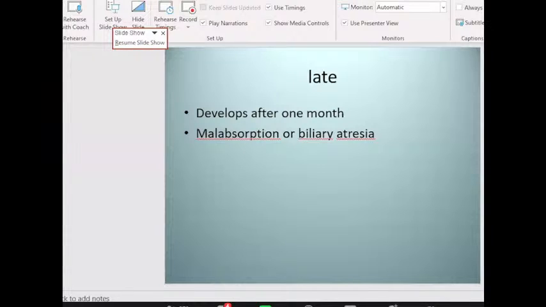Now, I just want to emphasize 2 other points which I have not captured in this lecture. One is that you can have acquired deficiency of factor 8, acquired deficiency of factor 9, and acquired deficiency of von Willebrand's factor. Now, these are not common conditions.